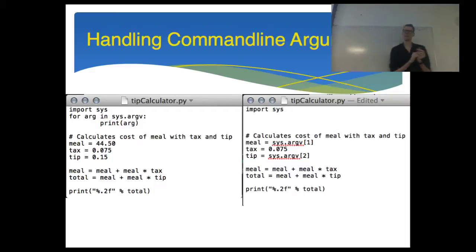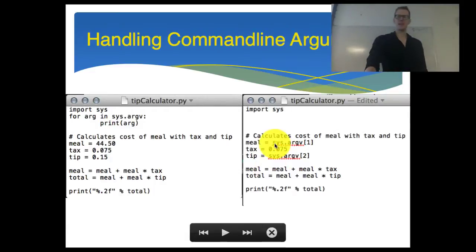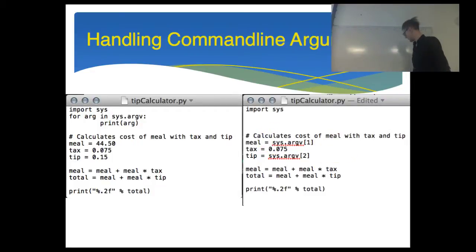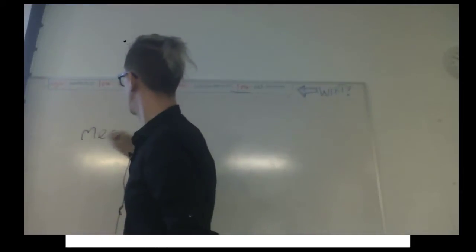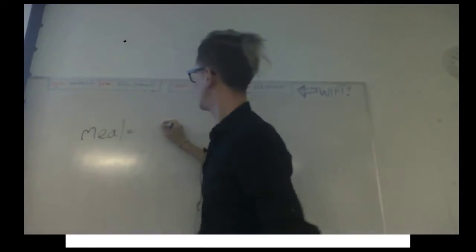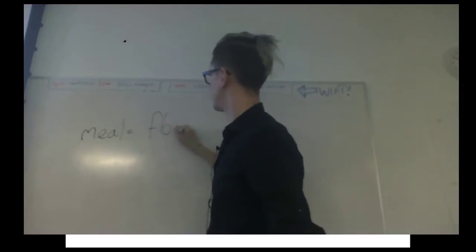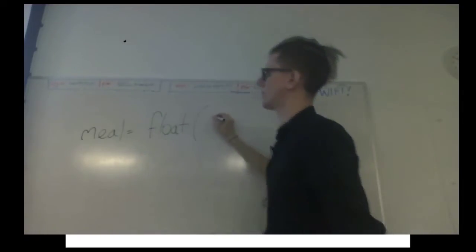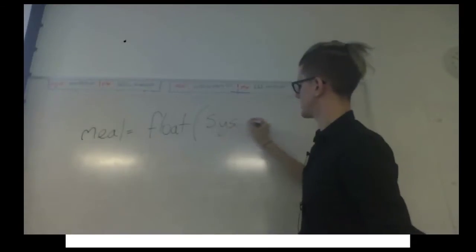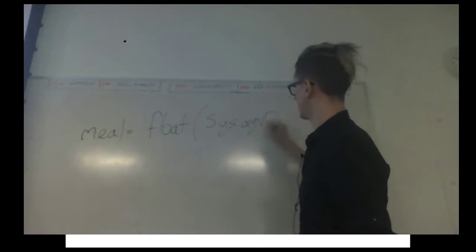Yeah, perfect. Okay, so sys.argv[1] is a string, but what we want is to store it as a number that we can do something with. So rather than just writing meal equals sys.argv[1], what we're going to write is meal equals the float of sys.argv[1].